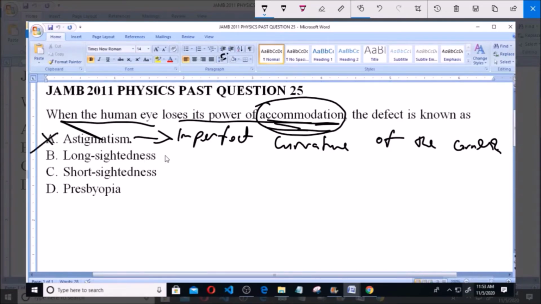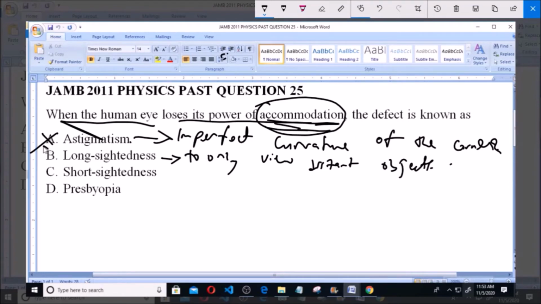Now, option B says long-sightedness. Now, long-sightedness refers to the ability of the human eye to only view distant objects. Now, this is usually due to the fact that the eyeball is too small, so images are usually formed behind the retina. Okay, so the individual has to take the image far away so it can be seen properly.